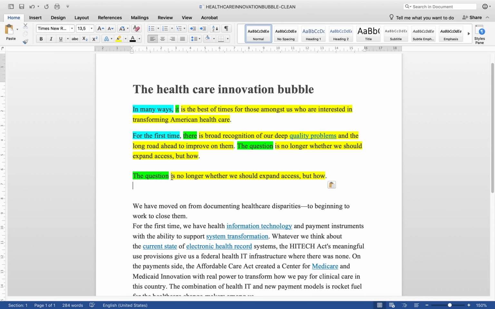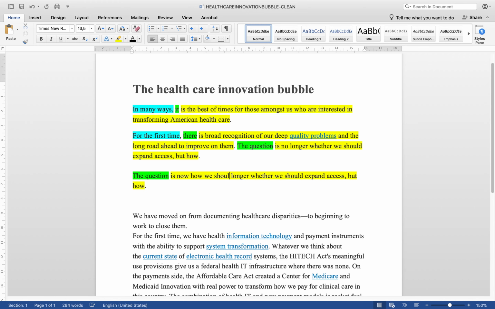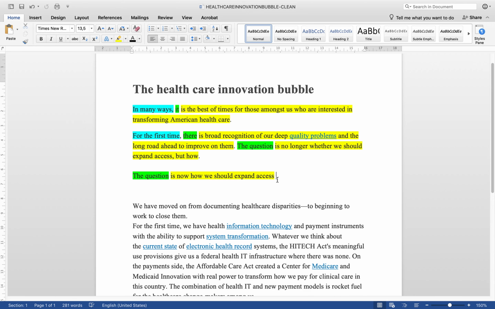That's different than "the question is now how we should expand access." Then suddenly expand access is more important than the fact that how we should do it. By ending the sentence with how, that makes how a lot more important.